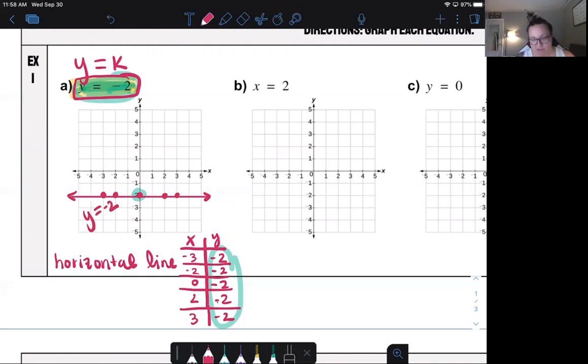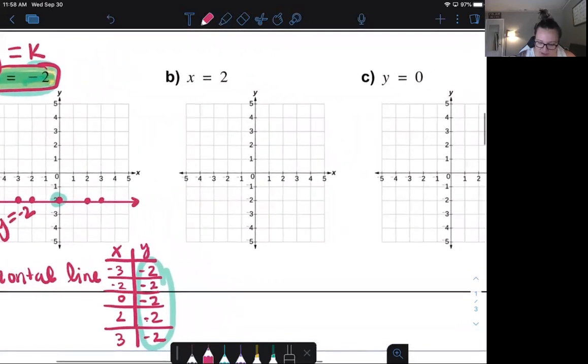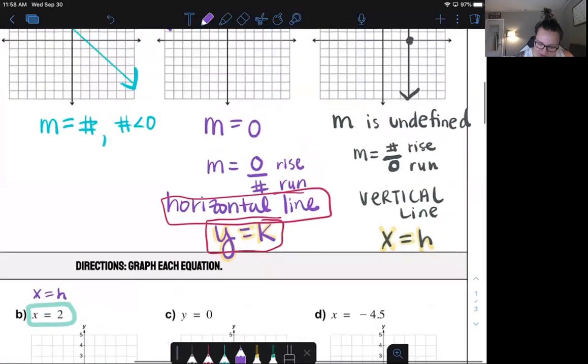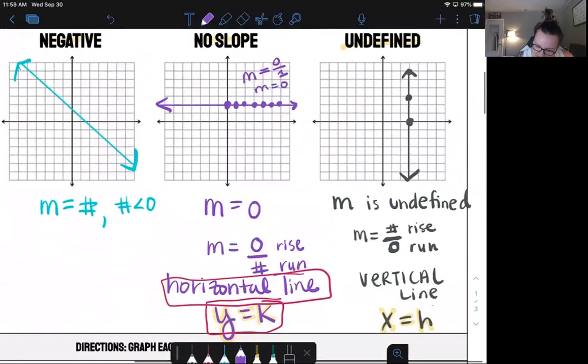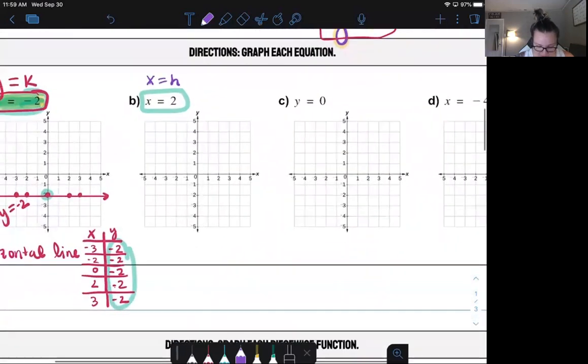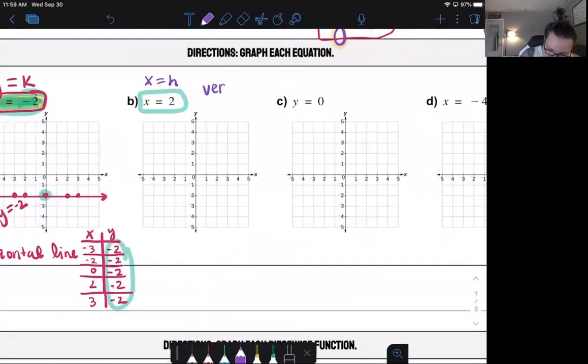Now let's do part B together. So part B, I have x equals some number this time. I have x equals h, some number h. Well, in my types of slope in my notes up here, x equals h will always create a vertical line. So I know that I need to create a vertical line this time.